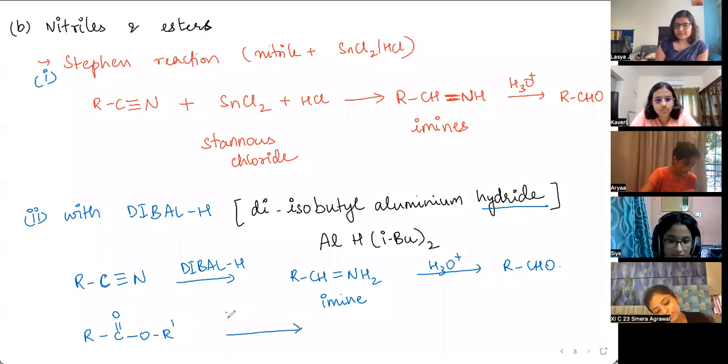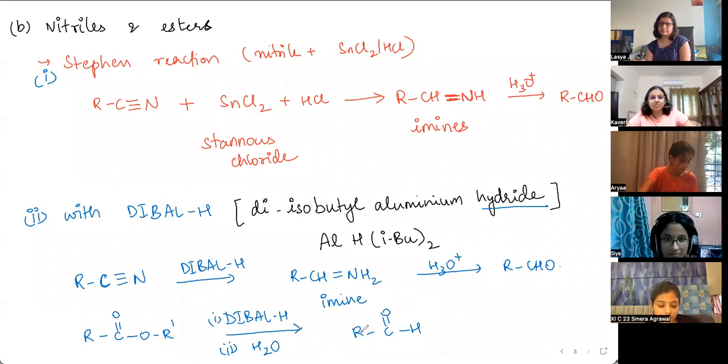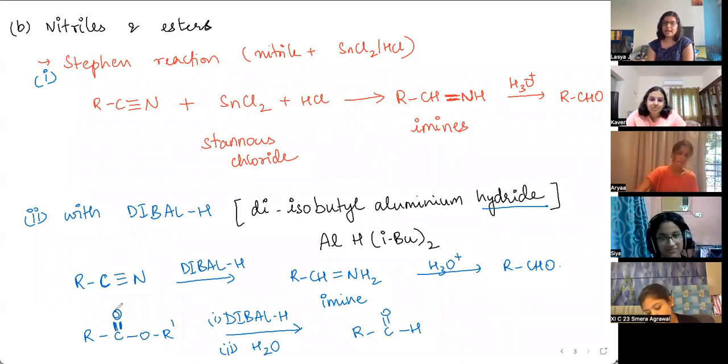Again, same thing, treat it with DIBAL-H and hydrolysis. You get RCHO. So the part that's attached to C double bond O is the part retained with the aldehyde.